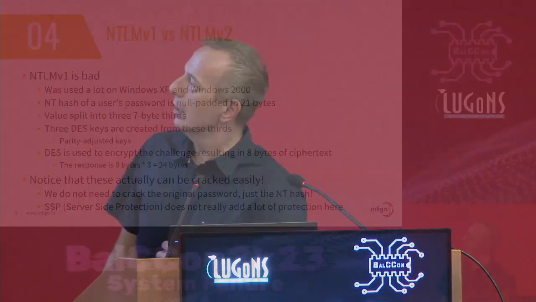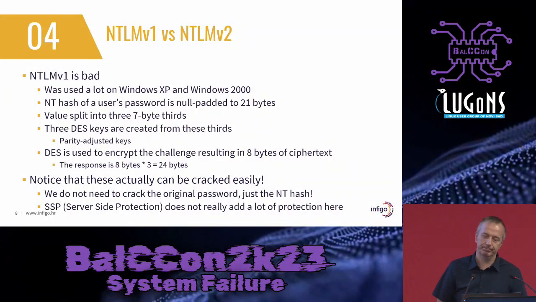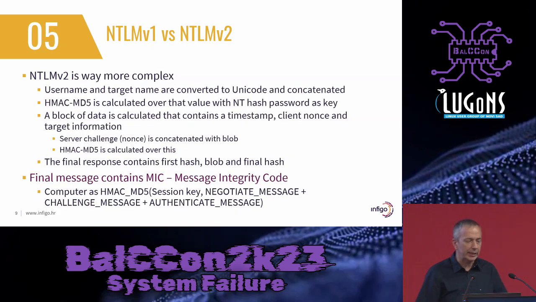It should die. Now, NTLM version 2 is a little bit better. It's actually way more complex. So what Microsoft did with NTLM version 2 is that they take the username and target name, convert them to Unicode, concatenate them, and then they use a couple of rounds of HMAC-MD5. HMAC-MD5 is a hashing algorithm which has a key as well.